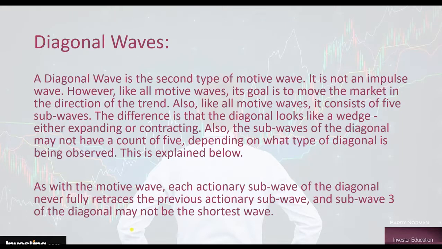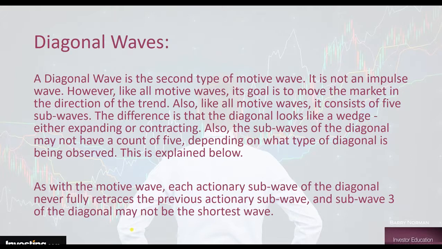Now, we have an impulse wave, and then we have a diagonal wave. A diagonal wave is the second type of motive wave. It is not an impulse wave. However, like all motive waves, its goal is to move the markets in the direction of the trend. Also, like all motive waves, it consists of 5 subwaves.